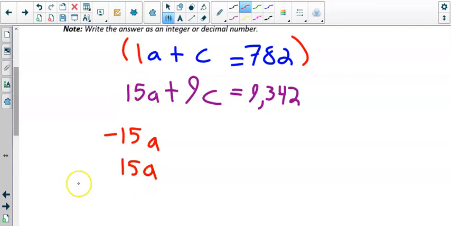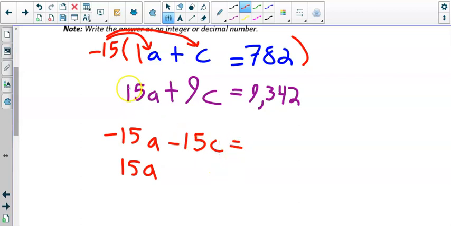It's the top one. So what times 1 will give me negative 15? Negative 15. There we go. So this top equation is going to get multiplied, everybody, by negative 15. So what's negative 15 times A? We already know what's going to happen. What's negative 15 times C? Negative 15C.